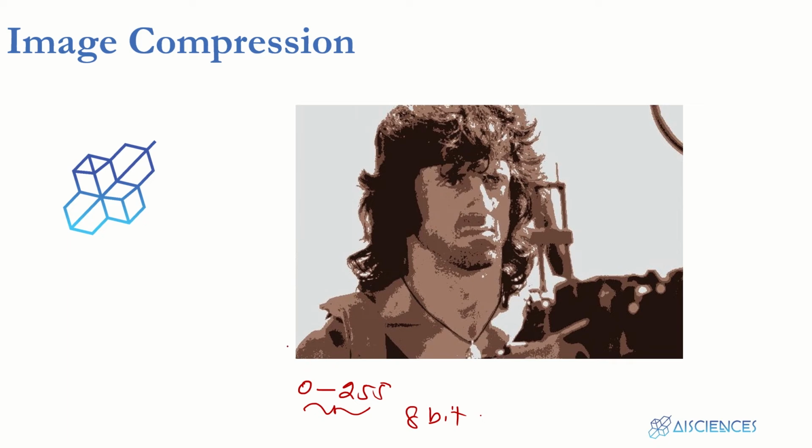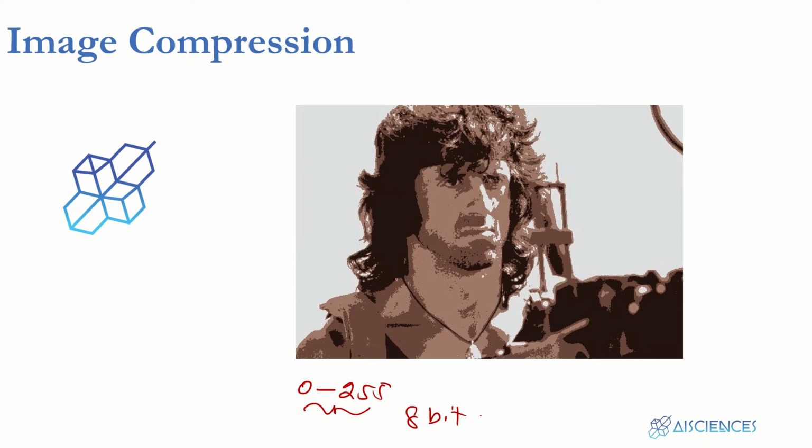In an RGB image, we have 3 channels: red channel, green channel, and blue channel. Each channel is an 8-bit grayscale image. For details, please see our computer vision course. We have explained these images and their details there. You can see the description, and there are links to those courses.